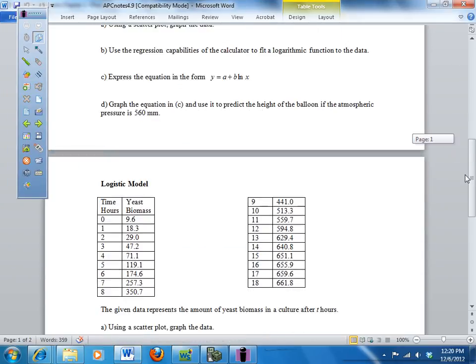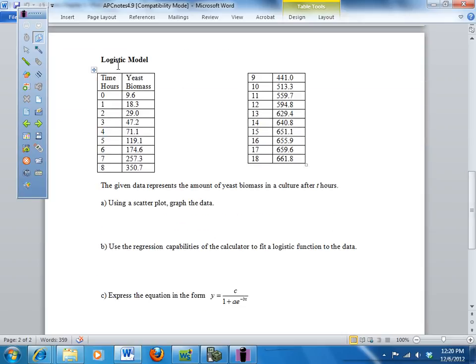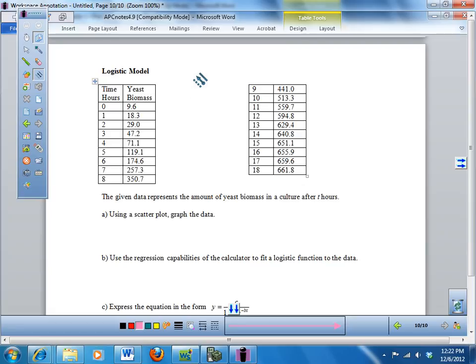And with the logistic model, just make sure you choose the right one, logistic regression. In this case, notice that it goes up really fast and then starts slowing down. So if you were to graph this one, it's biomass in a culture. It starts down here and goes up. This is your initial value, the initial amount you start with at time 0.